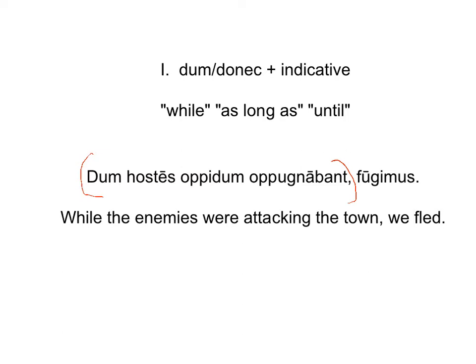As always, I suggest that you bracket off the subordinate clause, just so you have a clear sense of what's the subordinate clause and the main clause. So if you look at the example sentence, you would bracket off the dum clause, and you see oppugnabant, you see that it's indicative. While the enemies were attacking the town, we fled.